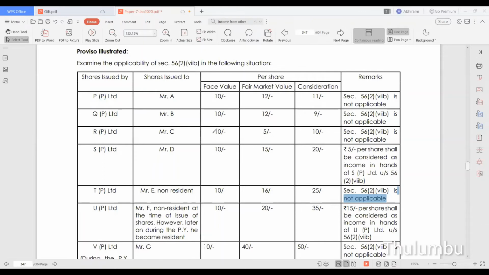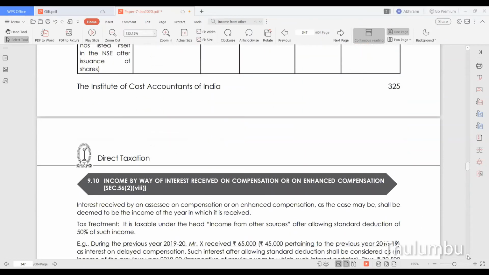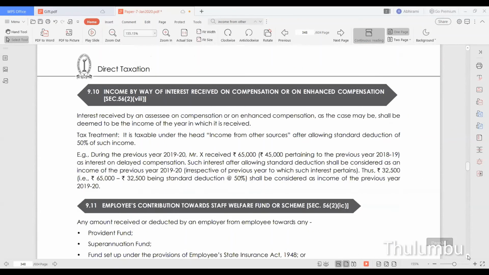So next scenario, enhanced compensation. Income by way of interest received on compensation or enhanced compensation. Let us take this example.